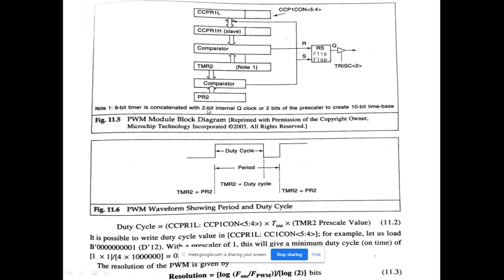Then there is some count to be loaded in the CCPR1L register that decides the TH part, the T high part of the waveform. And that may vary. If you want to change the duty cycle, you can vary the TH part.